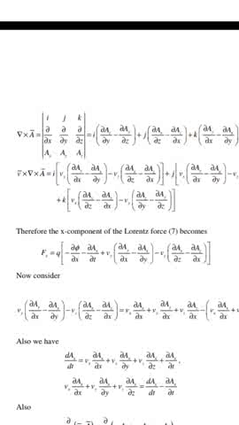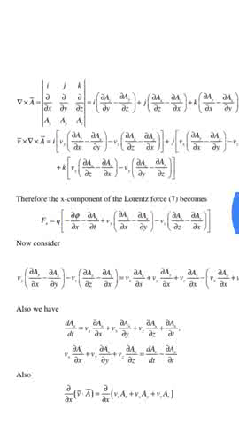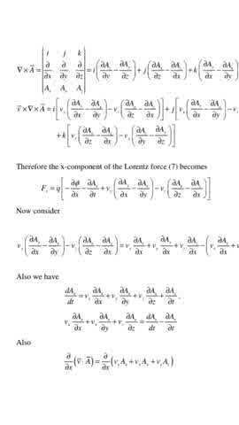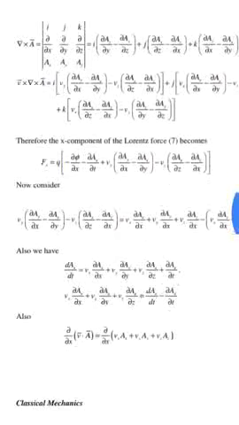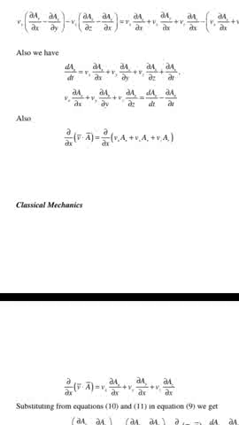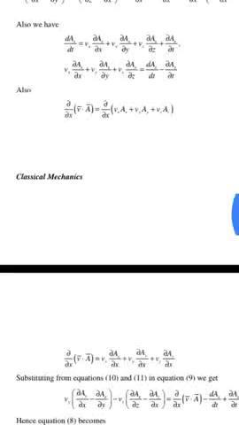The x component of the Lorentz force equation becomes Fx is equal to q (minus dou phi by dou x minus dou Ax by dou t plus Vy (dou Ay by dou x minus dou Ax by dou y) minus Vz (dou Ax by dou z minus dou Az by dou x)), and we get, and this is equal to dou by dou x of (V bar dot A bar) is equal to dou by dou x of (Vx Ax plus Vy Ay plus Vz Az).